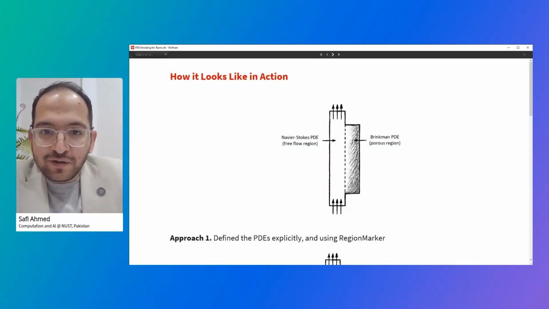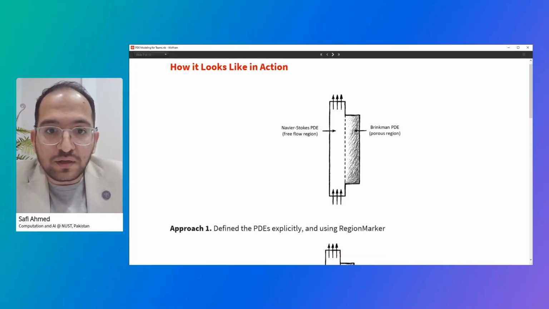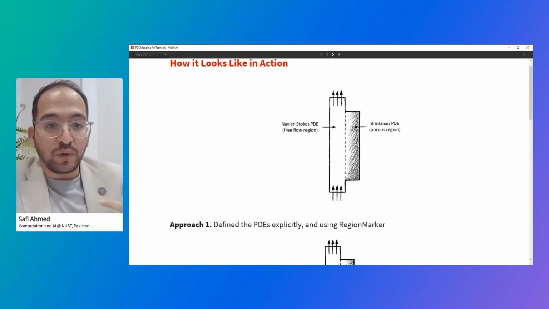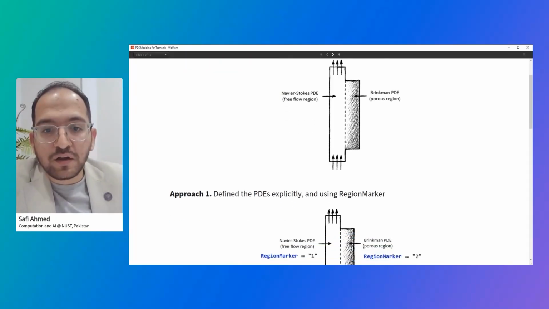So, the way it looks in action, let's look at the actual code that I wrote. First, let's look at the approach where you define the partial differential equations explicitly and you do not use the PDE components, but you do use the region marker.